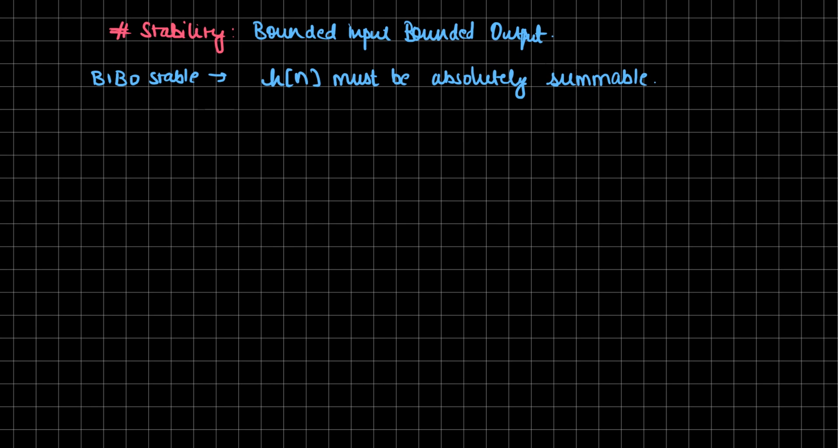Now, by this statement, what we mean is summation n running from minus infinity to infinity mod of h of n must be less than infinity. That means it should be a finite value.